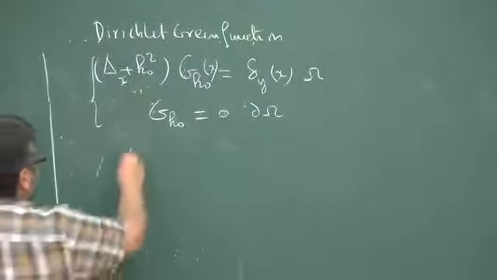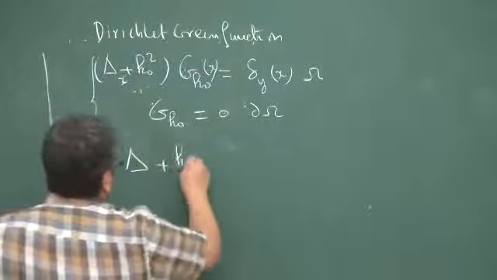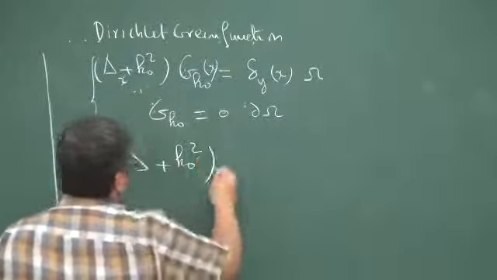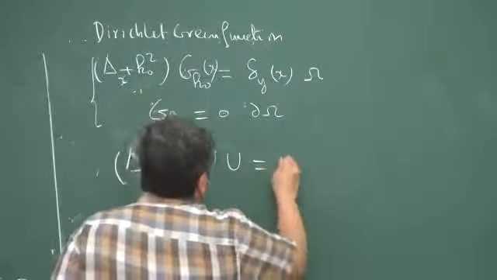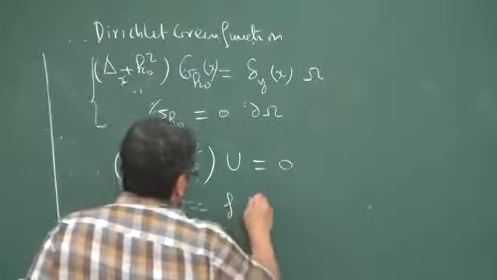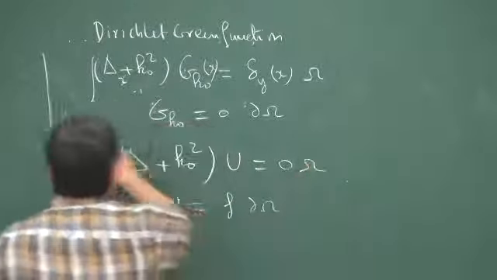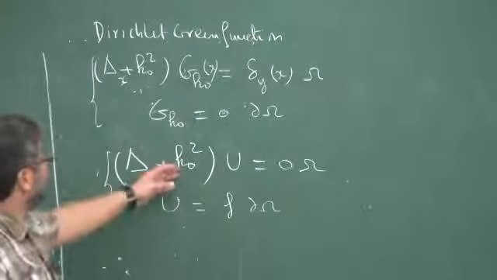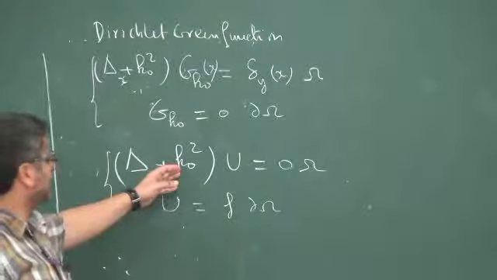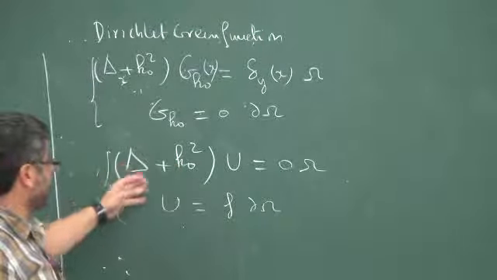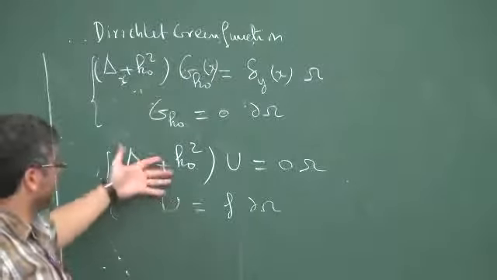And then if we go back to the background solution, Laplacian plus k0 square, U equals 0, and U equals F on the boundary. If minus k0 square is not an eigenvalue of the Laplacian with Dirichlet boundary condition, then this is well posed.